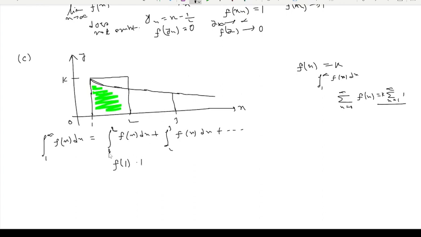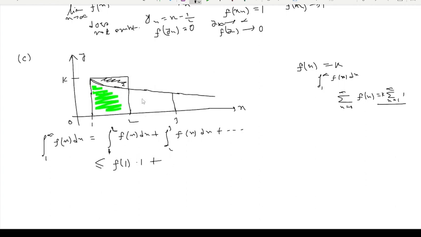And clearly integration 1 to 2 f(x) dx is less than or equal to f(1) into 1 by the figure, because f is decreasing, maybe constant or maybe there is some portion here.